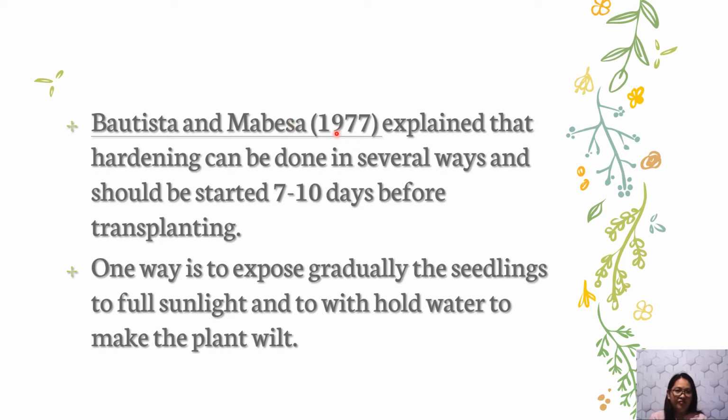Bautista and Mabesa, year 1977, explained that hardening can be done in several ways and should be started 7 to 10 days before transplanting. One way is to expose gradually the seedlings to full sunlight and to withhold water to make the plant wilt.